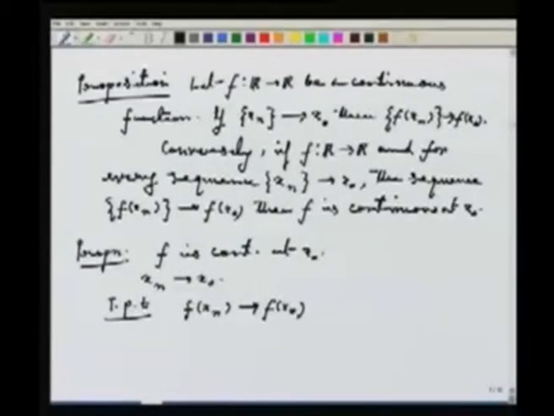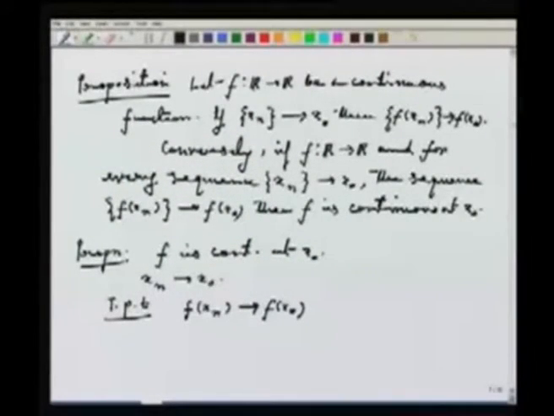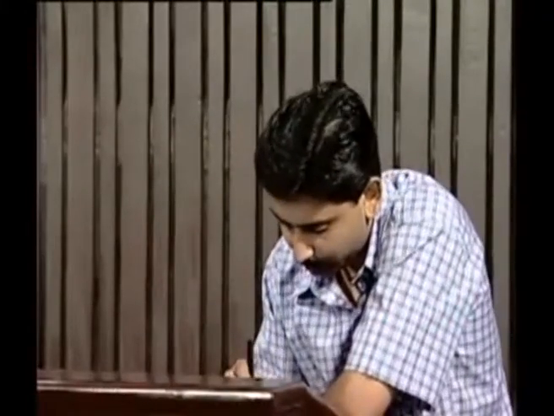Again, I have to start with an epsilon. I have to find a stage after which the distance between f of x naught and all f of xn's is less than epsilon. So choose epsilon bigger than 0.